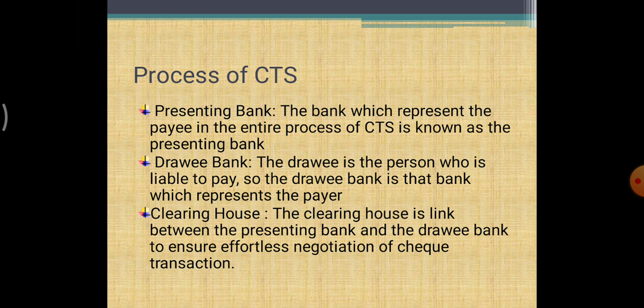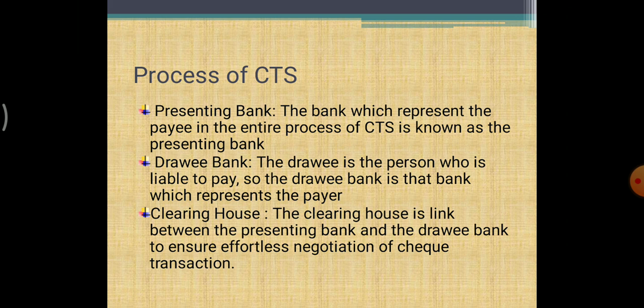First, the presenting bank. The bank which represents the payee in the entire process of the cheque truncation system is known as the presenting bank. And second, the drawee bank. The drawee is a person who is liable to pay, so the drawee bank is the bank which represents the payer.